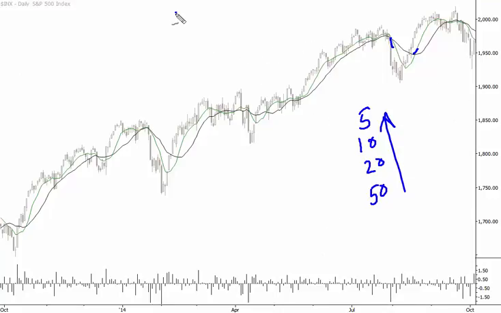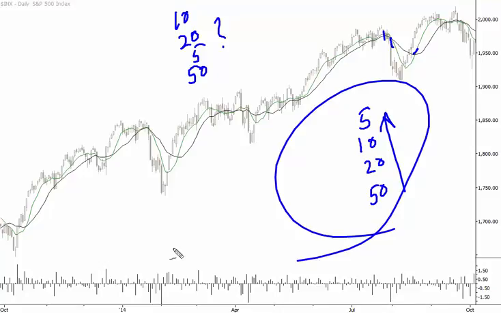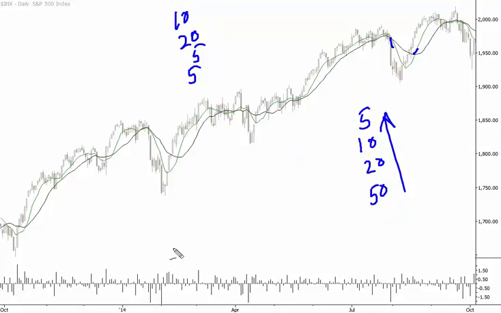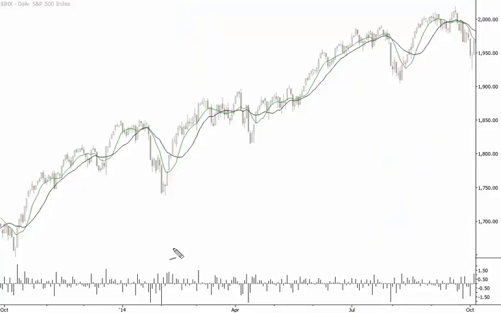And you will sometimes have confusion where the 10 will be above the 20, and then the 5 will be here, and the 50 is here. What this is showing you is some type of confusion, and you wouldn't have a trend. You'd wait for this clarity. And I've tested that elsewhere. That's not what we're going to be doing today. Let's just work with this very simple 2 moving average cross.